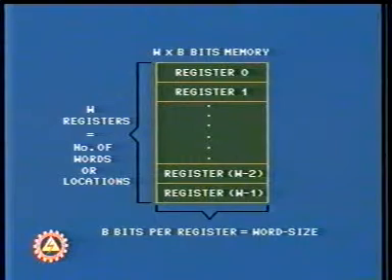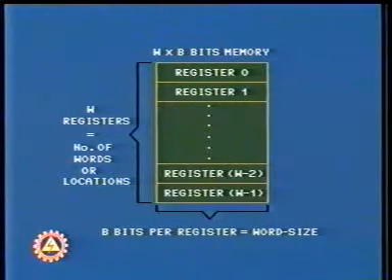Memories are used for storing information in binary. Conceptually, a memory chip is an array of registers, each register storing one memory word. The width of each register is the number of bits per word.